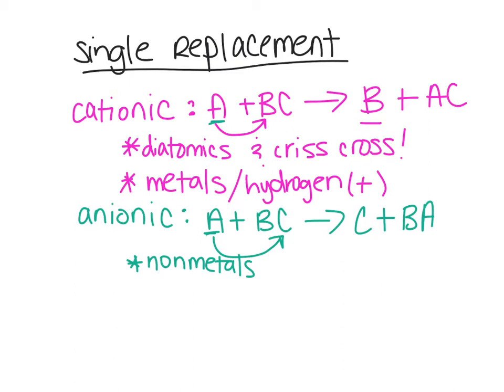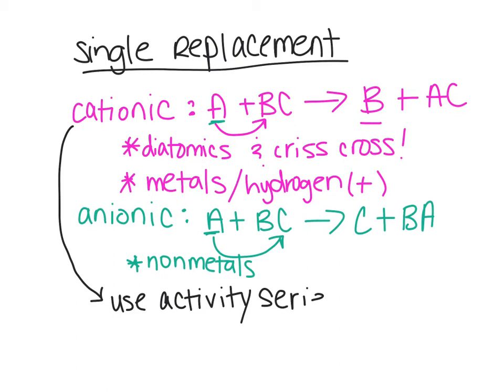Now, with your single replacement reactions, in order to come up with what your products are, or whether that reaction is even going to happen, you are going to be referring to your periodic table. So draw an arrow down from cationic, and write: use your activity series inside the periodic table.